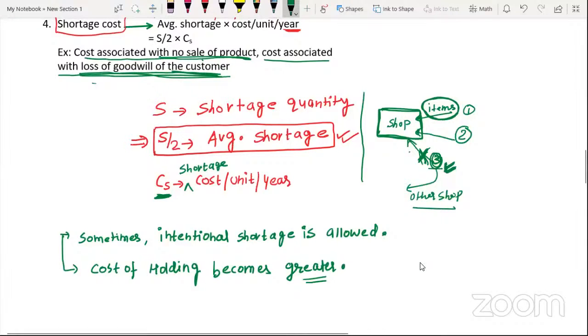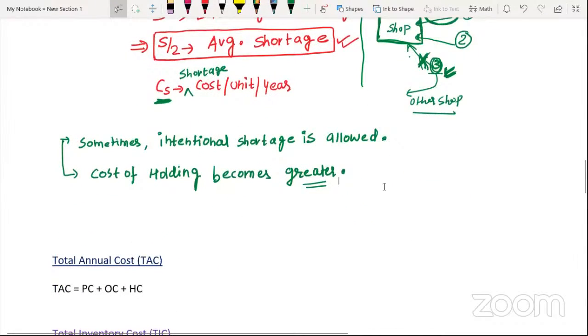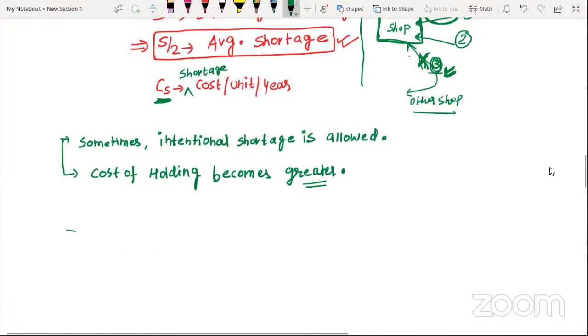That's why the customer allows the shortage. So sometimes intentional shortage is allowed, but the shortage allowed is of low cost items only. So intentional shortage is allowed for low cost items only.